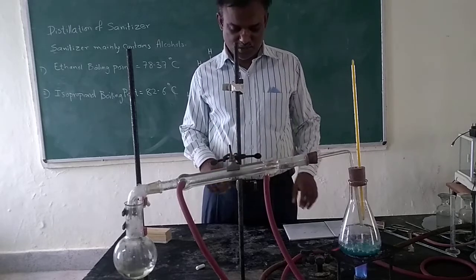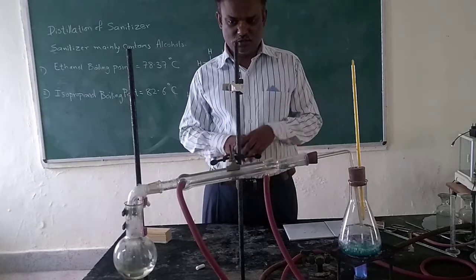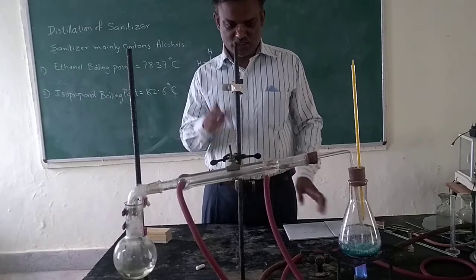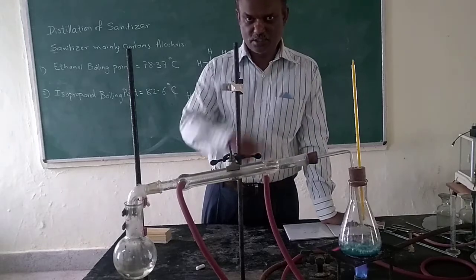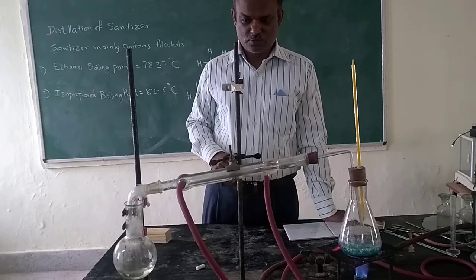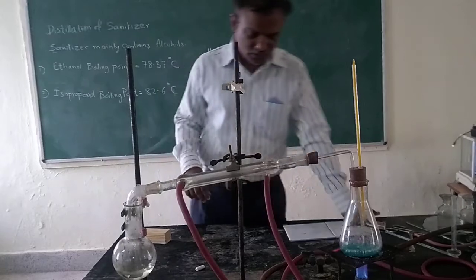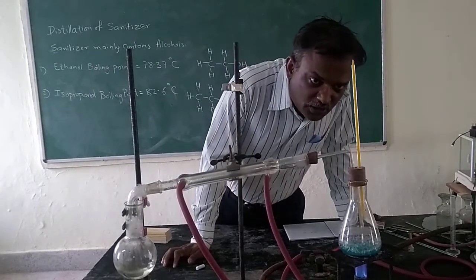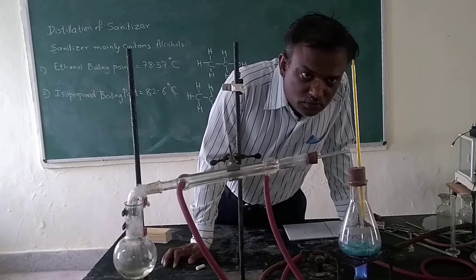But what we can predict from this experiment is that it contains only one kind of alcohol, and it is not a mixture of alcohols, that is isopropanol, because the boiling temperature stays at only 82.6 degrees Celsius. So here we'll see whether it is going to rise or not.